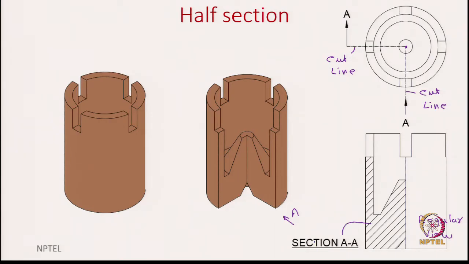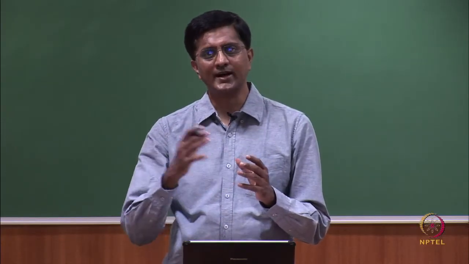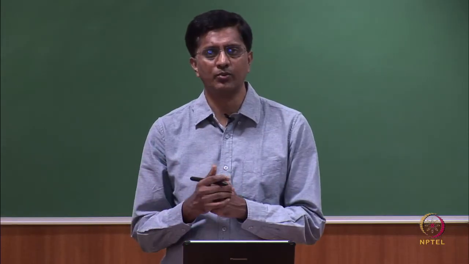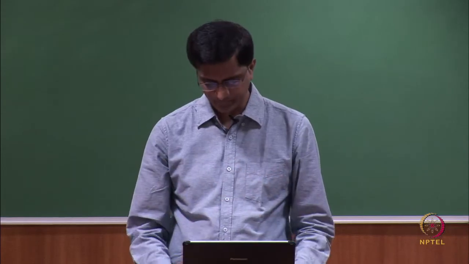What it does is it helps you save time. You need not section the right side because this is exactly the same; there is no new information you are providing by blindly drawing the full section view.